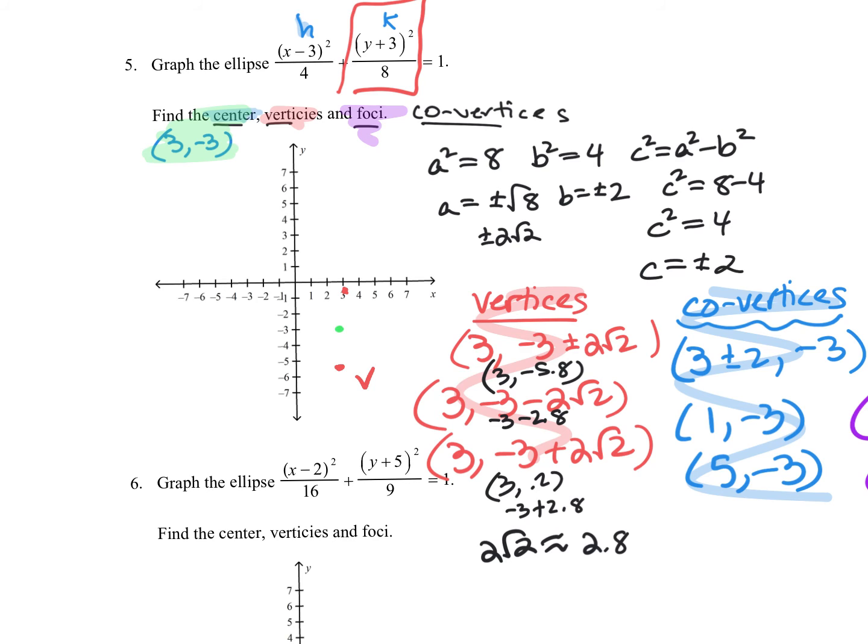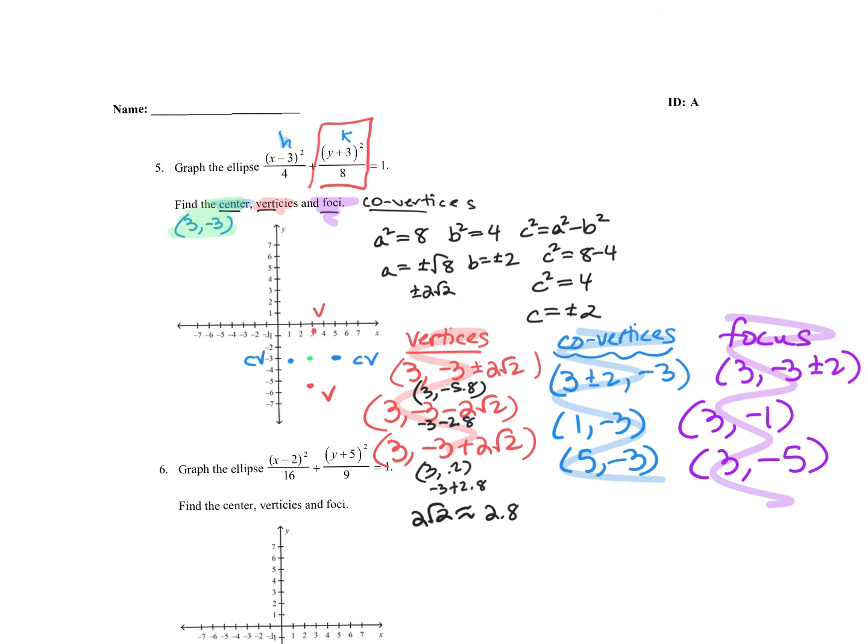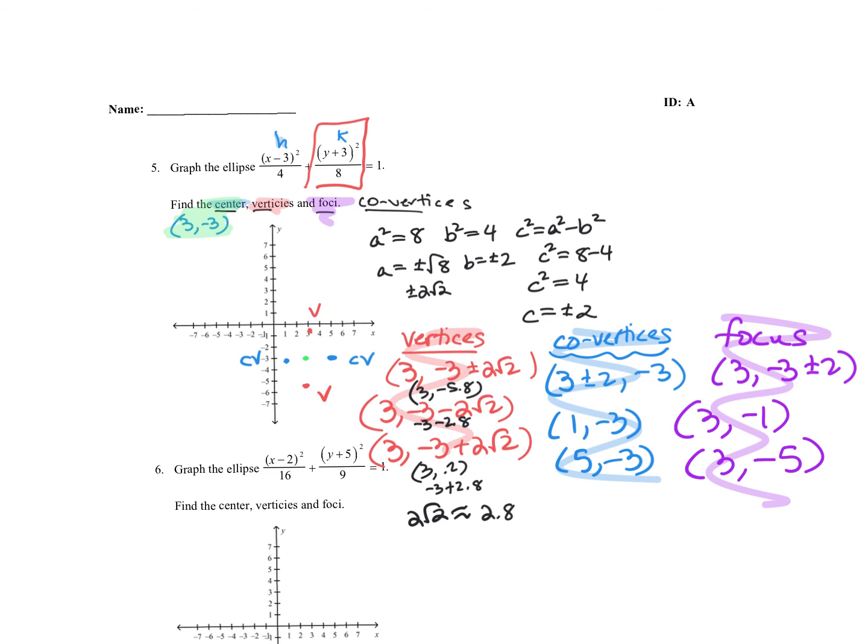And then I can graph the 2 co-vertices: 1, negative 3, and then 5, negative 3. So these are co-vertices. The red are the vertices. And then also add in the focus points: 3, negative 1, and then 3, negative 5.